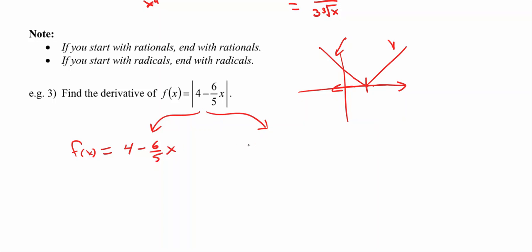And then this side would be f of x is equal to, and then negative 4 minus 6 over 5 x. All right, so what's going to be useful, though, we'll just find the derivative of both of those, right? Because that should be like the slope on this line and then the slope on this line, right? And to get a feel for this, they should be the same number, but negative, right?